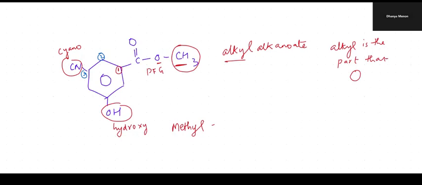Instead, we will number from this side where cyano, C is first, then H, 4, 5, 6. Because both ways the substituents are getting the same numbers. So 3 cyano. At the fifth position, I'm getting hydroxy. Then alkanoate is benzoate.